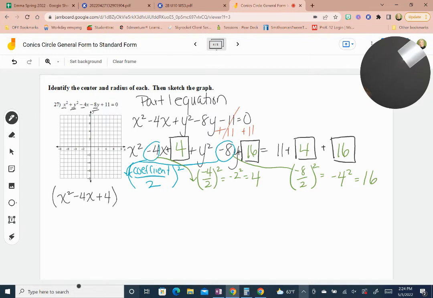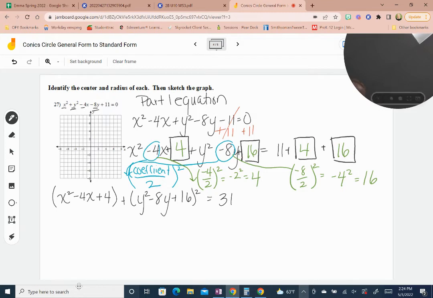Remember, we're going to have a trinomial with our squared, our constant, and our variable. That gives me 31.